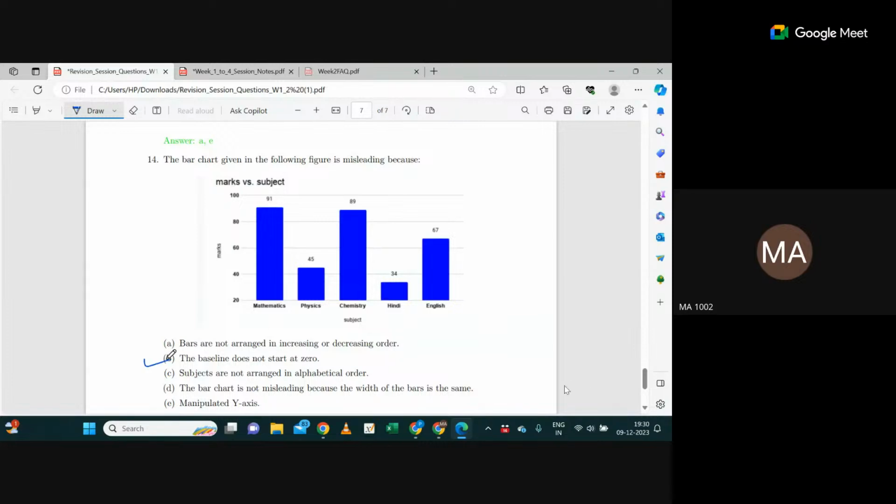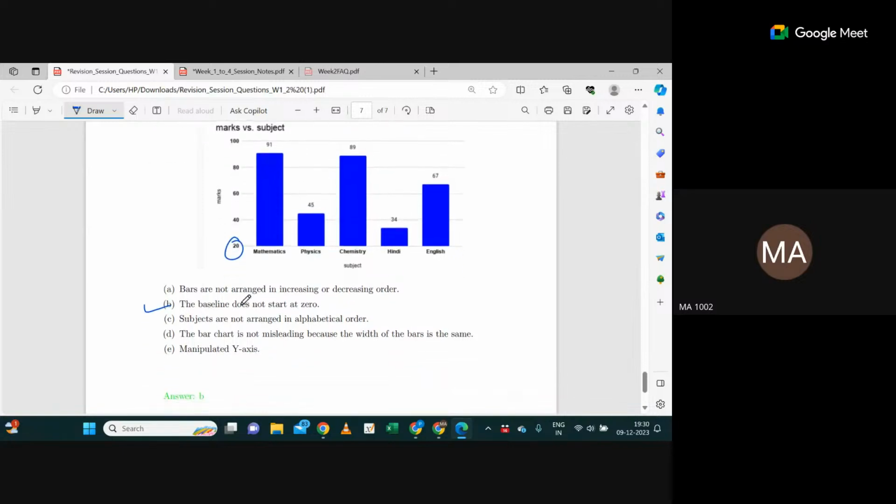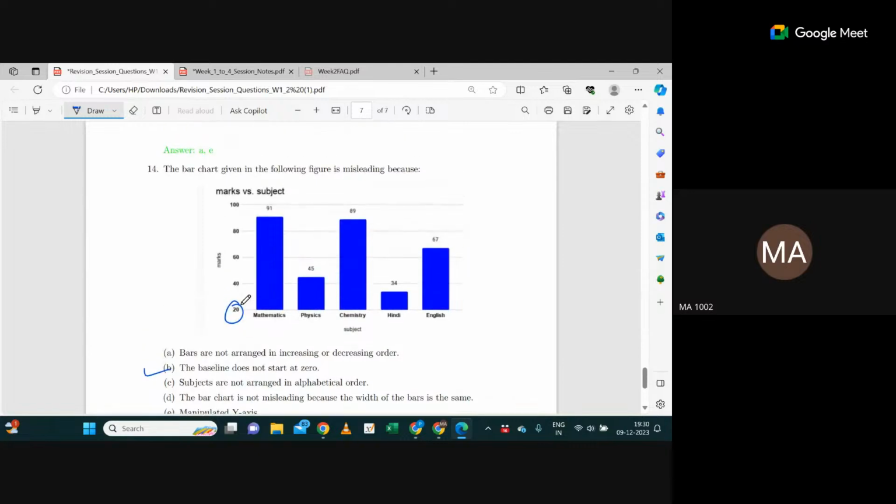In a bar chart, the baseline should be 0. If you see here, the baseline starts from 20. So option B is the correct one. This is something called a missing baseline, or you can say a manipulated y-axis, a truncated graph, a misleading graph.